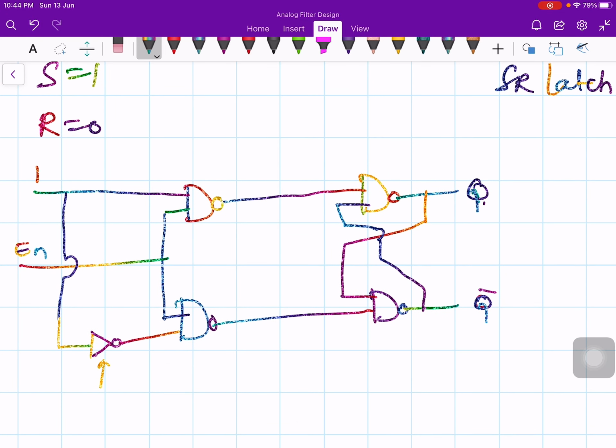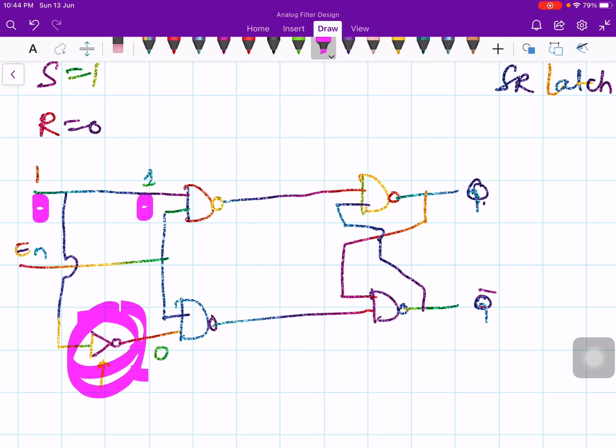If you apply 1 here, then at this point it is 1 and at this point 0. If you apply 0 here, then this point is 0 and this point is going to be 1 because of this NOT gate. So the forbidden state is removed. That's what people thought and said: don't take two inputs, take only one input, but internally connect these two inputs together through a NOT gate.